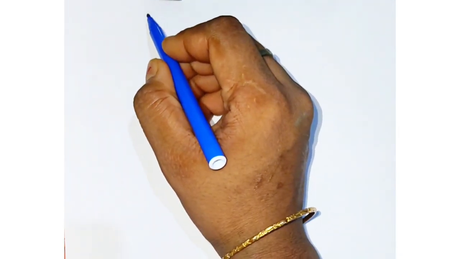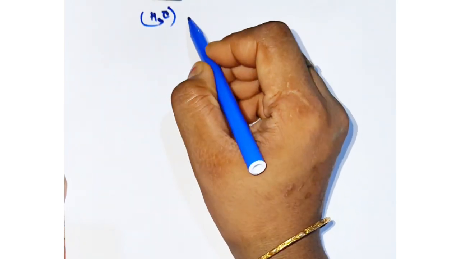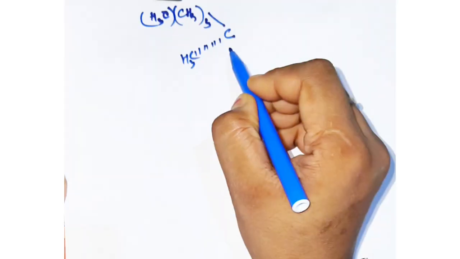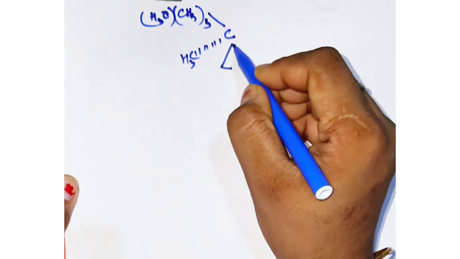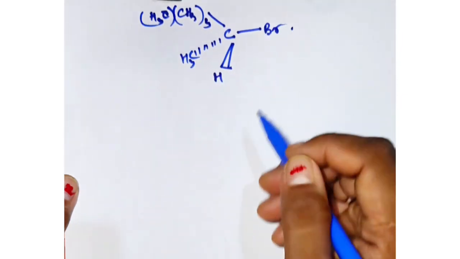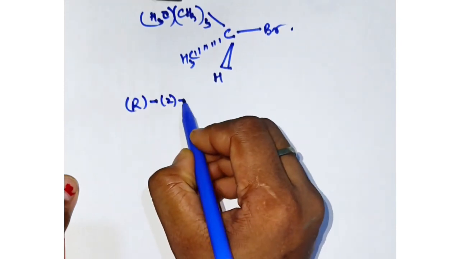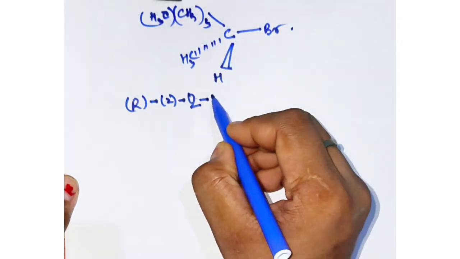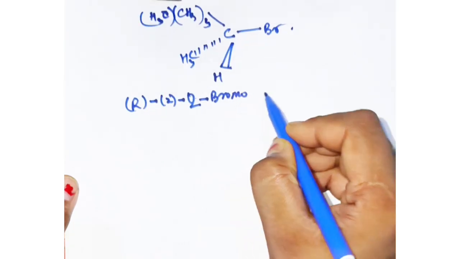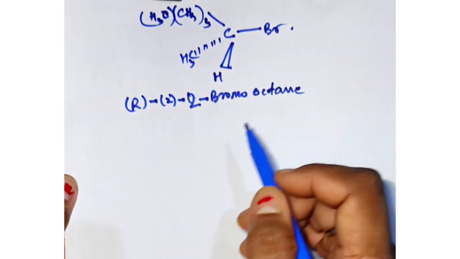For example, see this: CH3, CH3, this is hydrogen, this is bromine. This is your R 2-bromooctane.